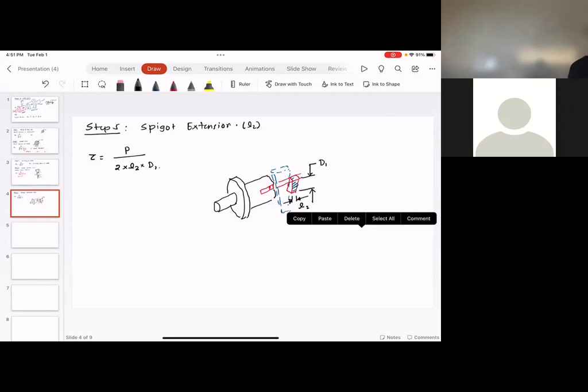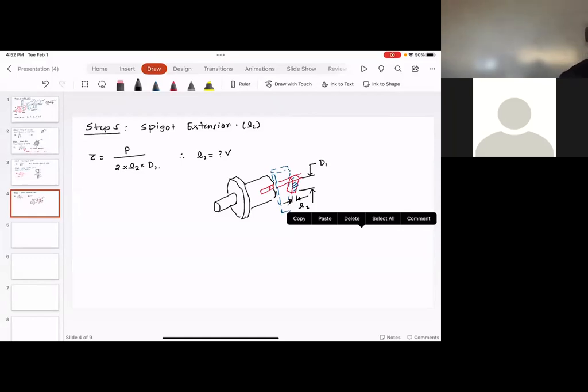Diameter D1 is already known, and L2 is to be found out. When you substitute this value, you will be able to find the value of L2. But please understand, tau is the shear stress of the spigot, because we are designing the spigot. So we have to consider the shear stress of the spigot.